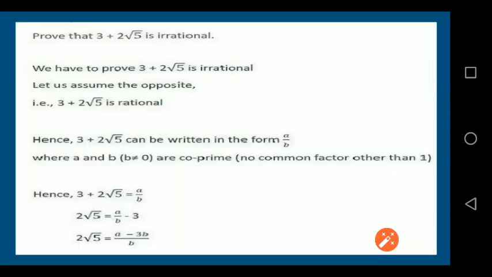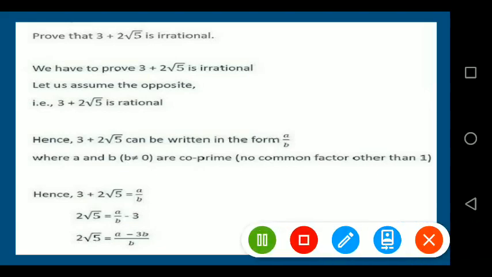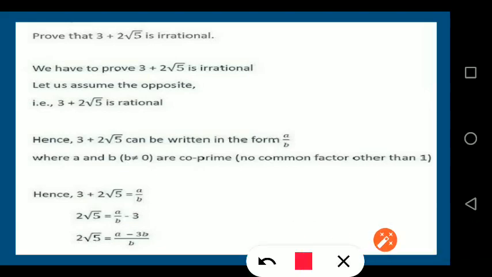Let us see one more question to prove that the given number is an irrational number. Here we have to prove that 3 plus 2 root 5 is an irrational number. Till now, we understood that whenever we have to prove that a particular number is irrational, we have to assume the opposite.